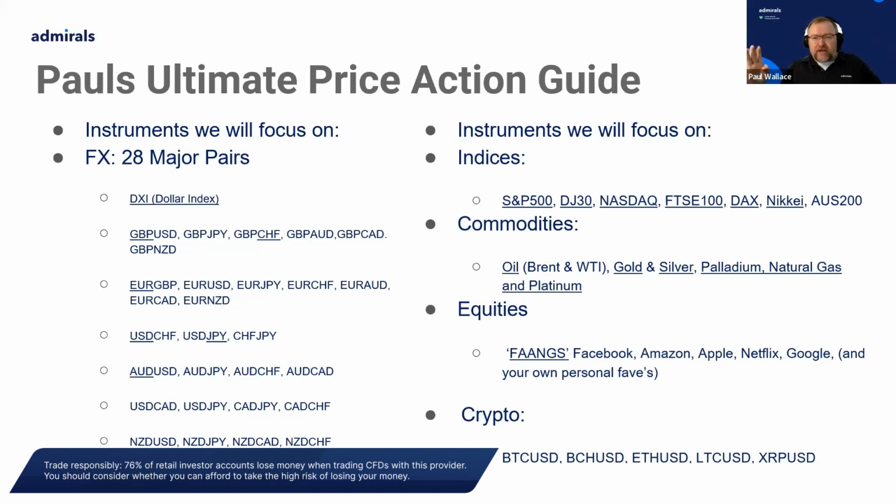Don't worry. I'm not saying you have to trade every single one of them, but they're all available to trade through Admirals. And what you will find is that as you develop in experience and skills, you will start to focus down, probably on somewhere between 2 to 6 instruments that resonate with you, that suit your personality and your trading style, and that's fine. So we're starting broad, and then we start to focus our way inwards.